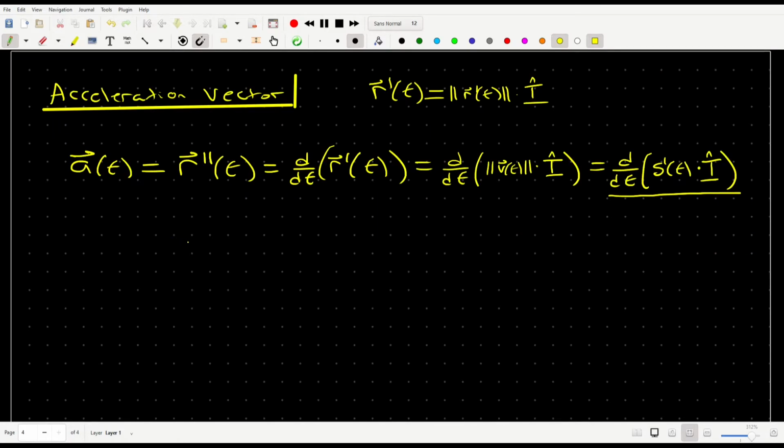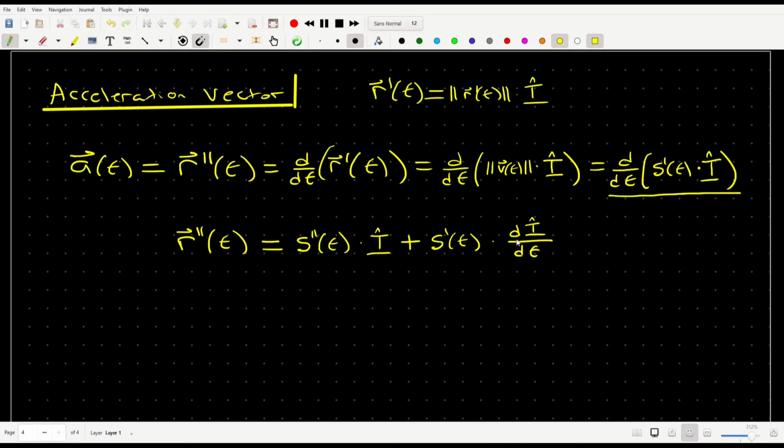But using the product rule, we have that the second derivative of the position vector with respect to time, the acceleration vector, is going to be exactly the derivative of this, so the second derivative of arc length with respect to the parameter t times T hat, plus s prime of t, which is this, times the derivative of the unit tangent vector with respect to the parameter t.